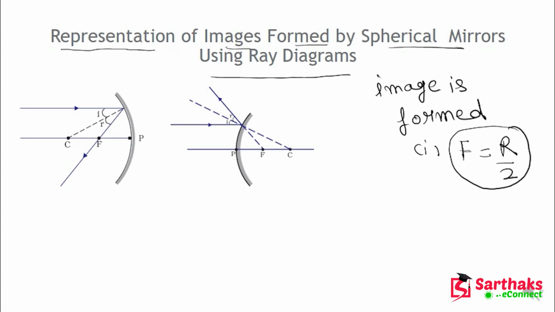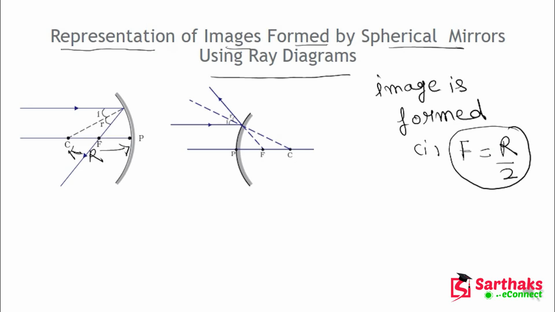Let's suppose this is your spherical mirror, this is the focal length f, and this is our point P. What is the radius? Let's suppose this is the center C and this is the pole P, and the distance between the center and P is the radius.